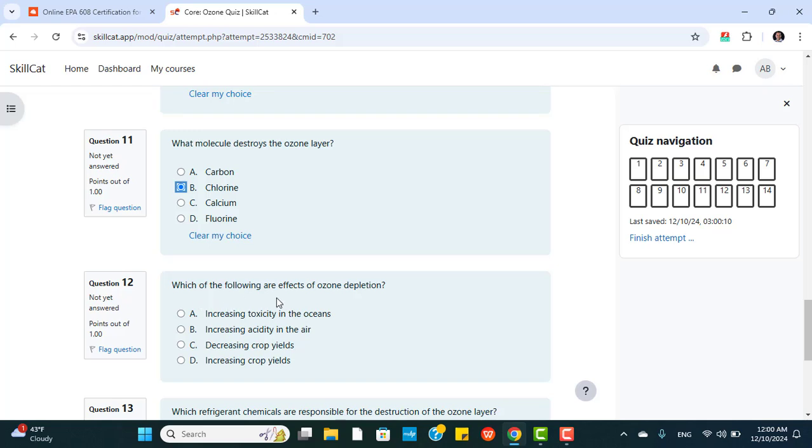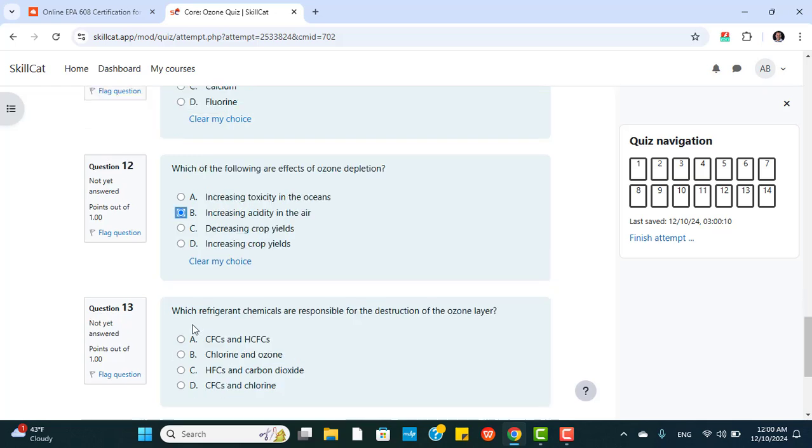Which of the following are effects of ozone depletion? Increasing toxicity in ocean, increasing acidity in the air, decreasing the crop yield, increasing the crop yield. Is an overall effect of ozone depletion increasing acidity in air? I don't know if this one is correct or not.